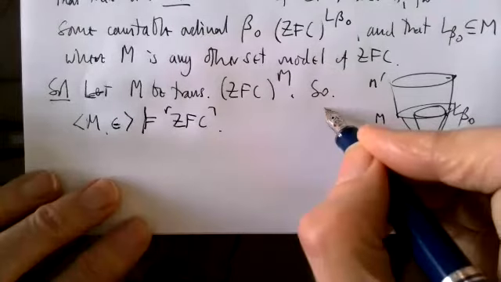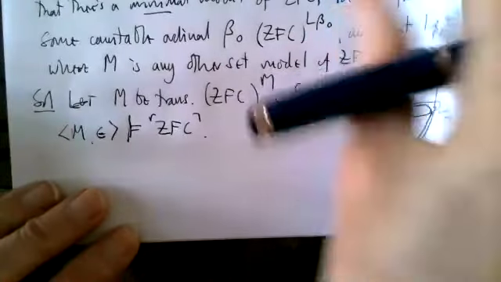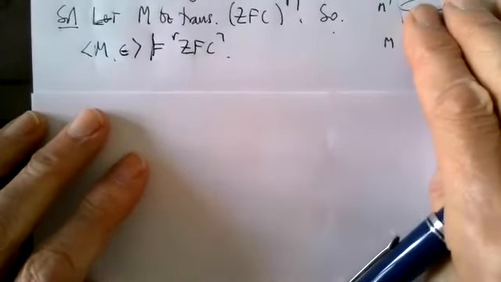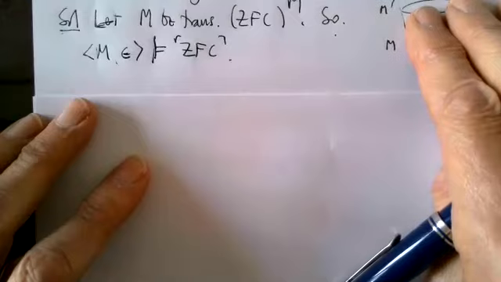So we get another sheet of paper then. We're going to use the Löwenheim-Skolem theorem to say M has got a countable substructure here.